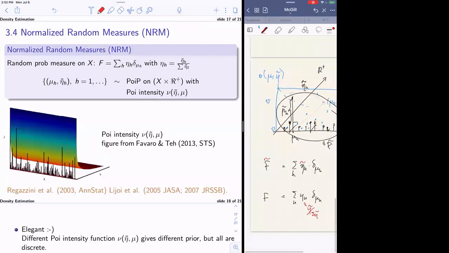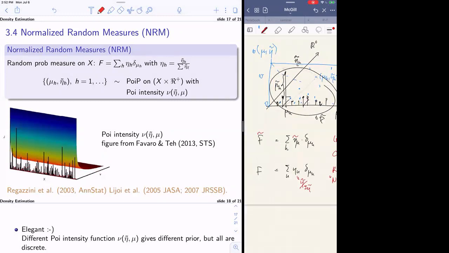On top, the definition of the normalized random measure. Here's exactly the F that we had. First of all, it's a discrete thing. In that discrete thing, the probability masses are taken from unnormalized probability masses eta tilde, where the pairs mu, eta tilde are simply a random configuration under a Poisson process.